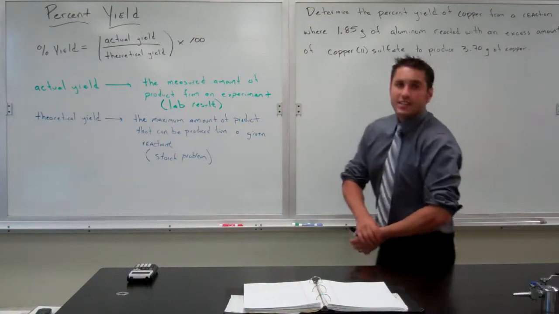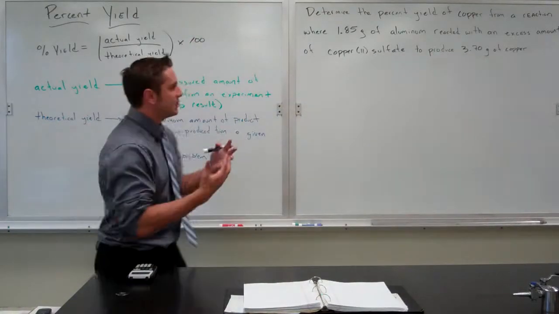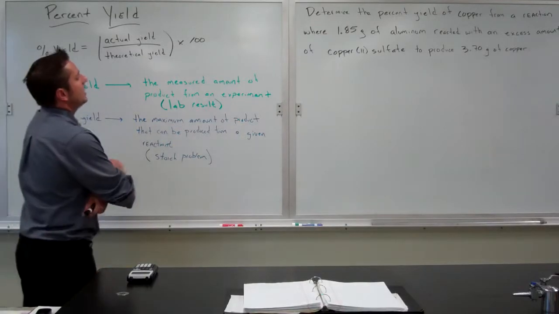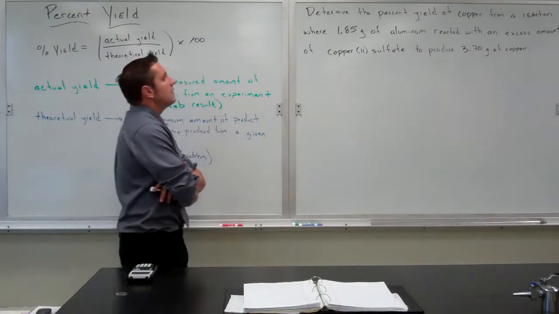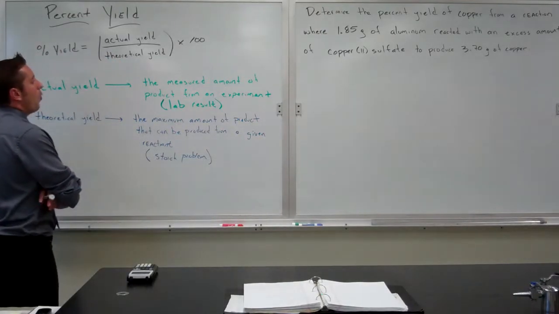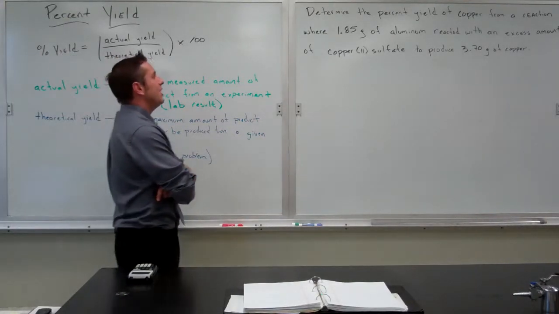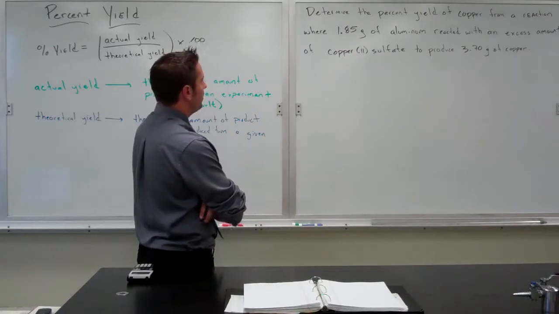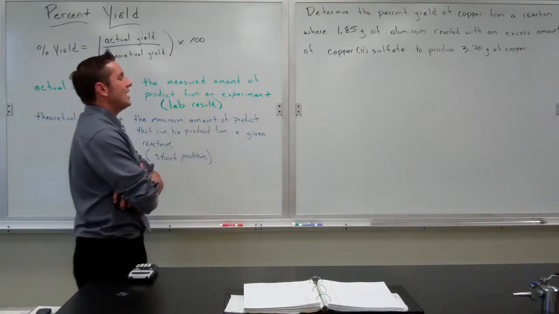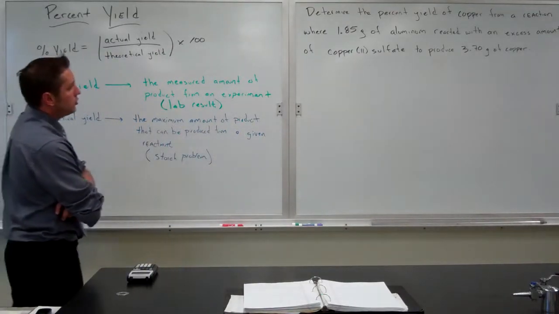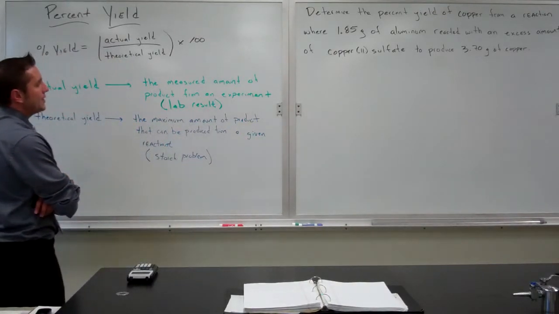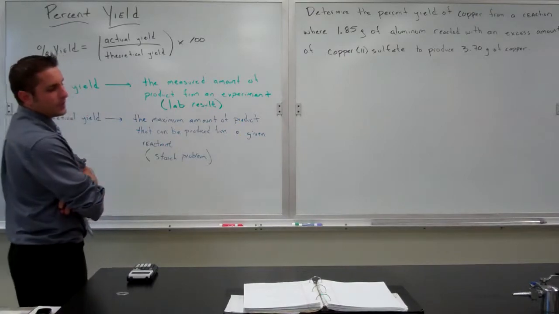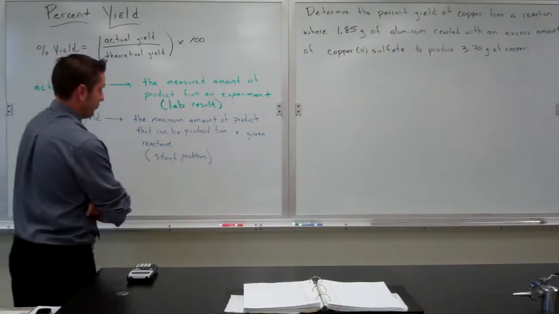So we'll take a look at an example, and we'll just do one because you'll find it's pretty straightforward. It says, determine the percent yield of copper from a reaction where 1.85 grams of aluminum reacted with an excess amount of copper 2 sulfate to produce 3.70 grams of copper.